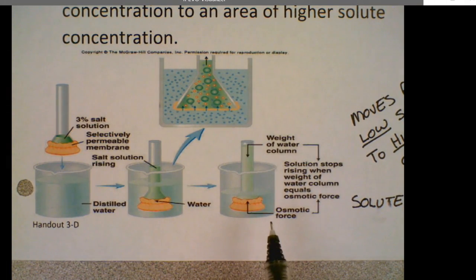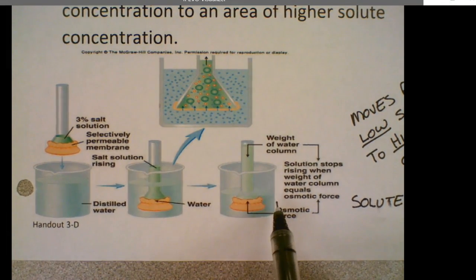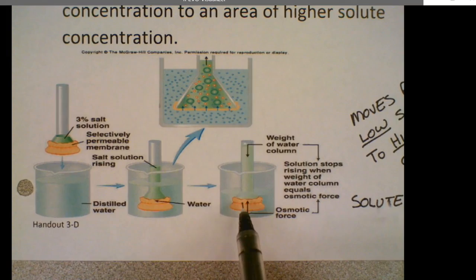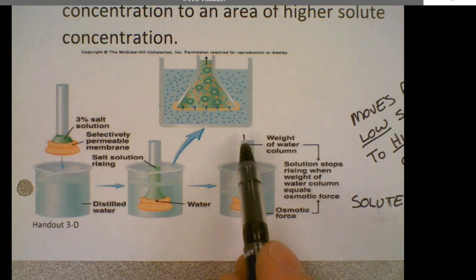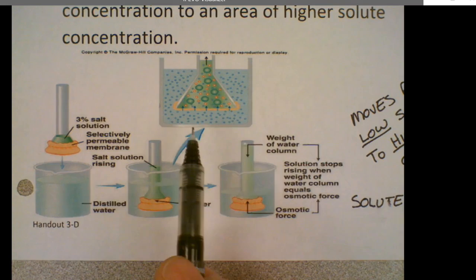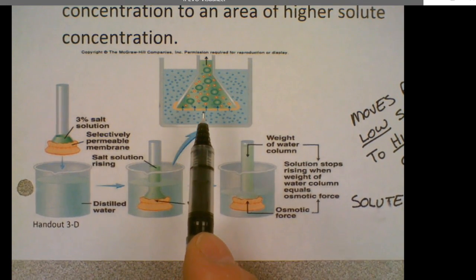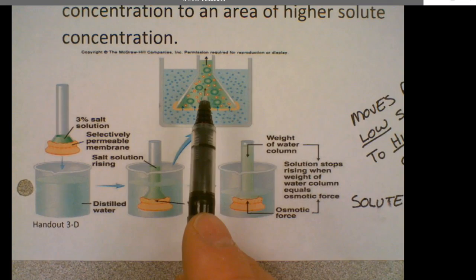So usually what happens if you let it run long enough is the salt concentration will cause so much water to move into the test tube that it'll just overflow. This is osmosis. So we move from a low salt through the membrane to a higher salt.